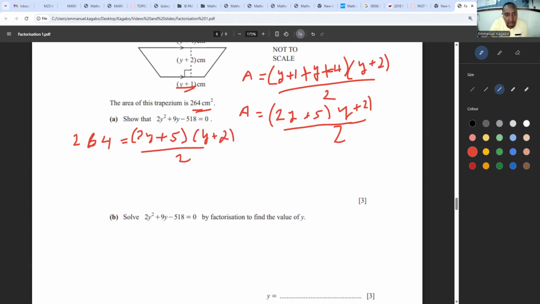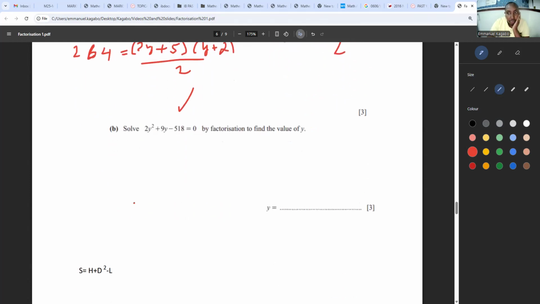When you expand this and multiply by 2 and collect like terms, it will give you this expression. Now, I would like you to try to factorize this. It's a very good question.